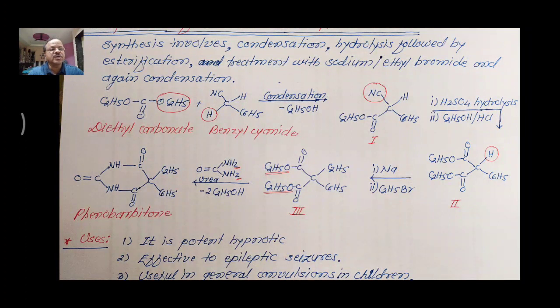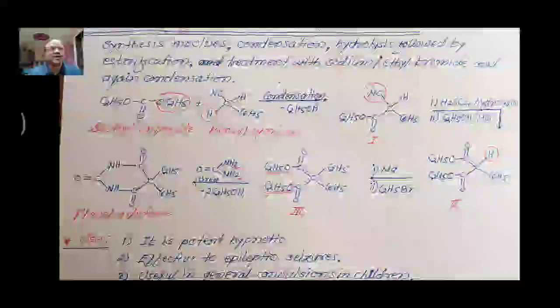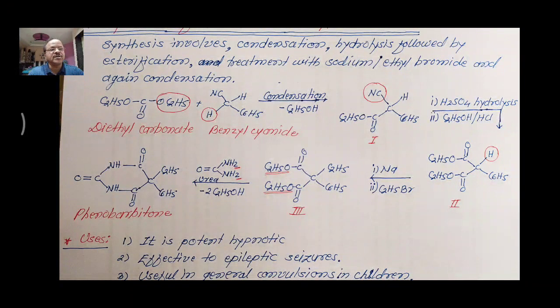These two carbonyl groups create a strong negative inductive effect. As a result, this hydrogen becomes acidic, meaning we can remove it in the form of an H plus ion by using a base. Here we are using sodium for the removal of the H plus ion.